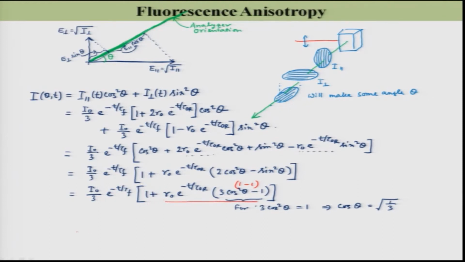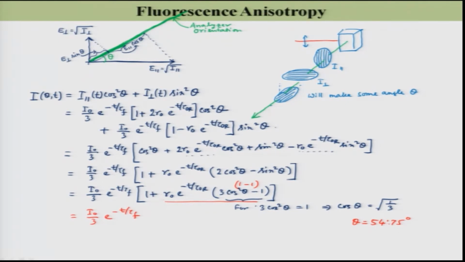So what I will get is I 0 by 3 e to the power minus t by tau f. See, for a particular value of theta, when cos theta equals root over 1 by 3, that means theta equals 54.75 degree.